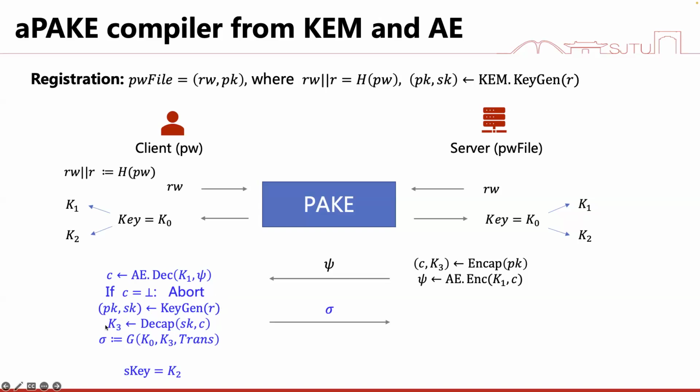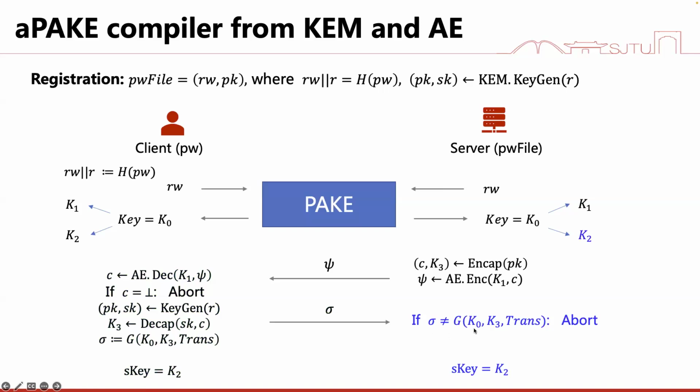Otherwise, the client can derive the CAM's secret key to decapsulate the ciphertext C and get K3. And finally, the client can compute a hash value of K0, K3, and the transcript as an authentication token. And the client will set K2 as its session key.